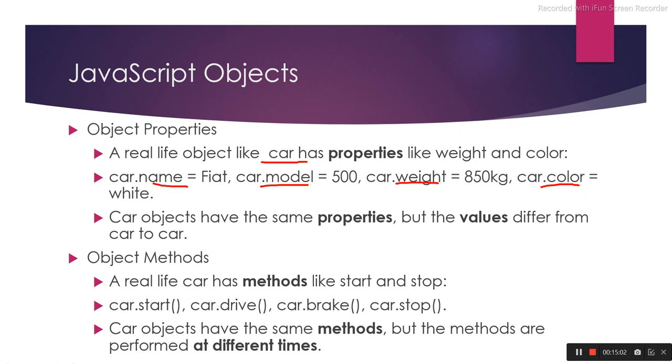Then I have something called methods or functions. With respect to the car object you will have methods like start, drive, brake, stop. These are some of the functions or methods available with respect to car objects.